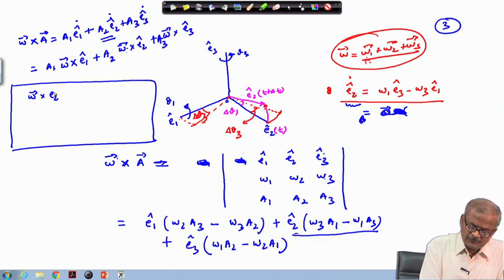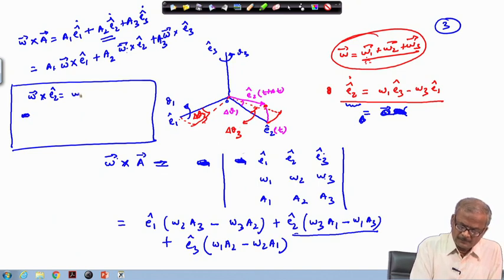Omega cross E2 cap. What will this quantity be? We have omega 1 times E1 cap plus omega 2 times E2 cap plus omega 3 times E3 cap, cross E2 cap.